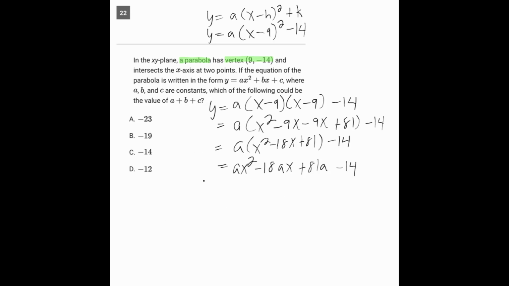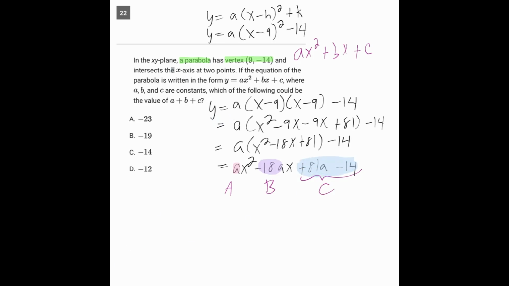And now we have a parabola in the ABC format, because a parabola can be in the format of ax squared plus bx plus c. And for us, the a is this letter a in front of x squared. The b is the -18a in front of x. And the c is everything that doesn't have an x, 81a minus 14.